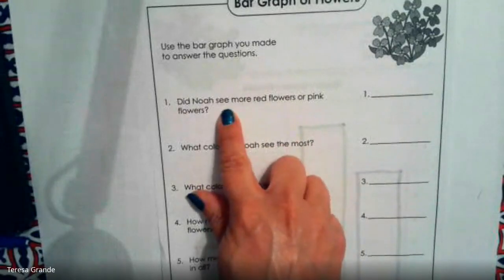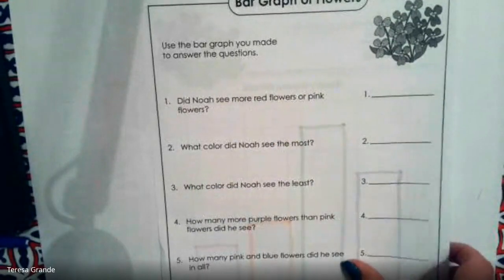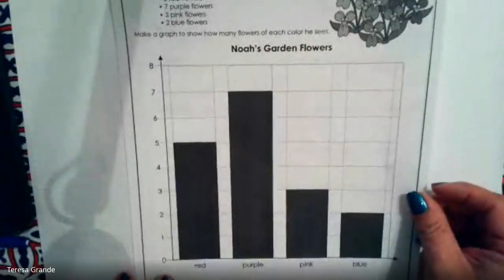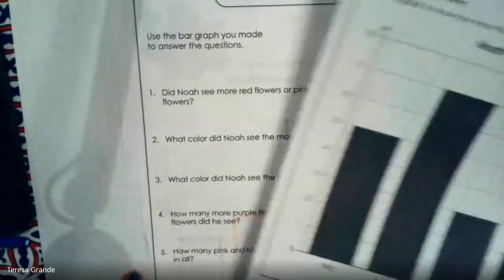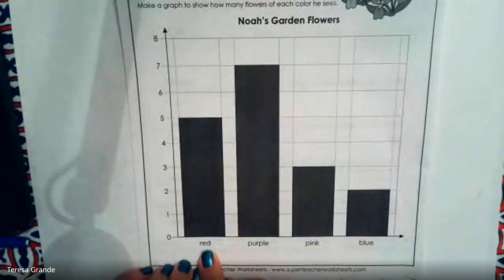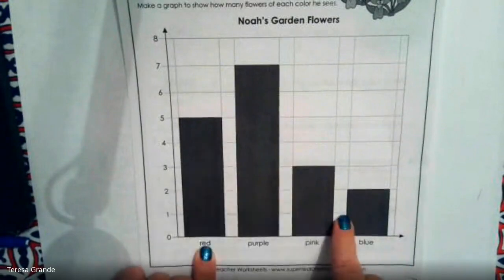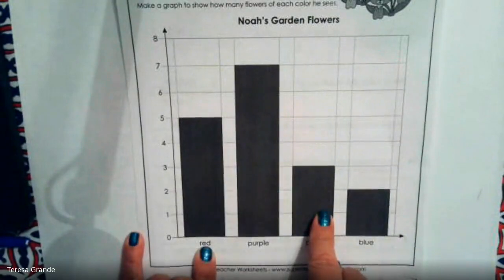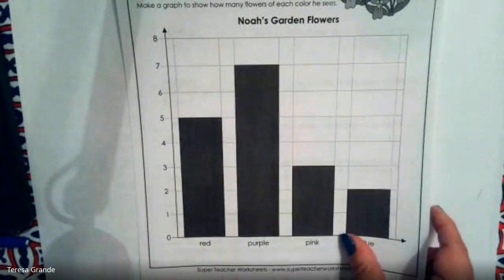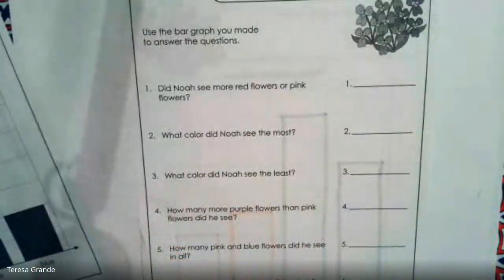Did Noah see more red flowers or pink flowers? Let's look here. Here's our bar graph. Did he see more red or pink? Again, all you have to do is look at the size of the graph, and you can see that he saw more red flowers.